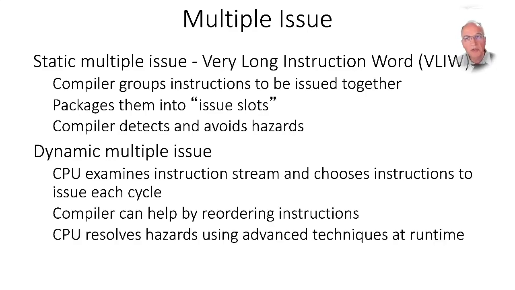The CPU, though, will resolve the hazards using very advanced techniques at runtime. So those are the two ways in which you can increase the parallelism in the execution of instructions. In both cases, you are using multiple issue. In one of them, you are relying on the compiler. In the other one, you are relying on the processor, the hardware, to identify that instructions can happen in parallel.